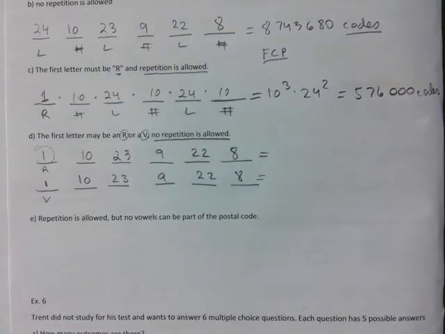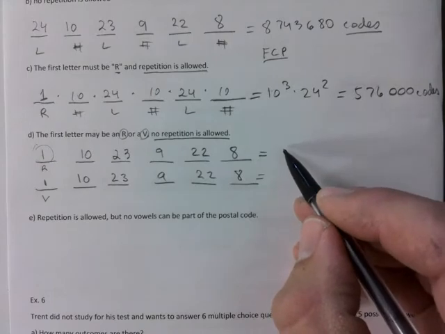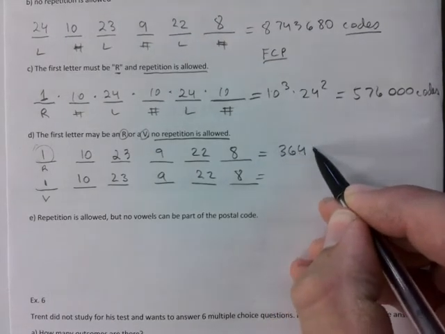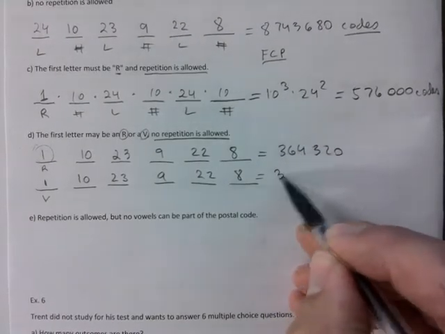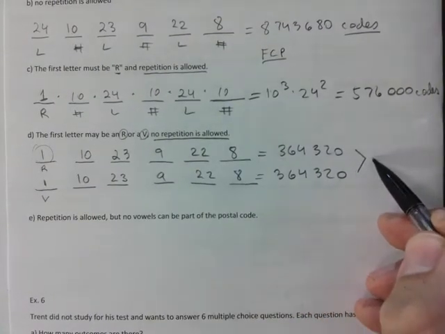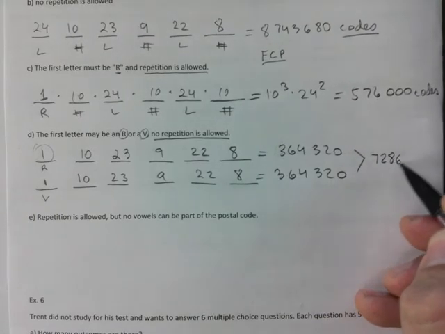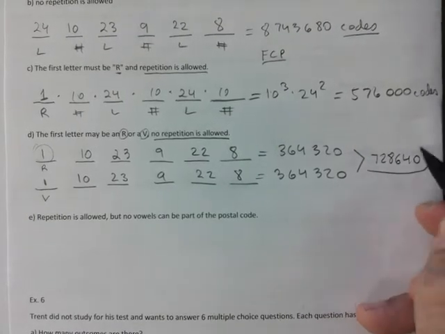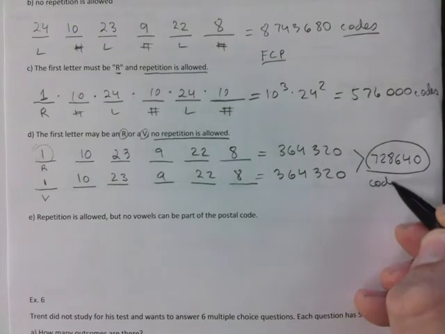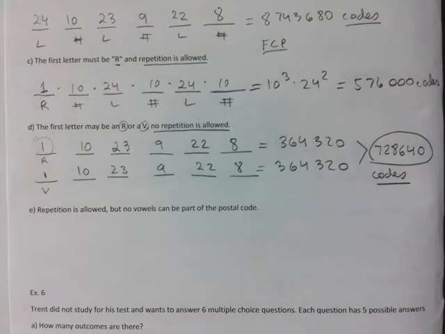Let me cheat a little bit and look at my key. 364,320, correct? And this is going to be the same. And then I combine them, and I get 728,640 codes. So if you looked at R or V, then it would be that many codes.